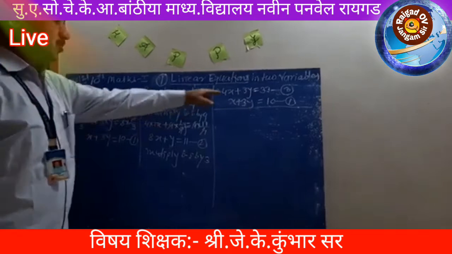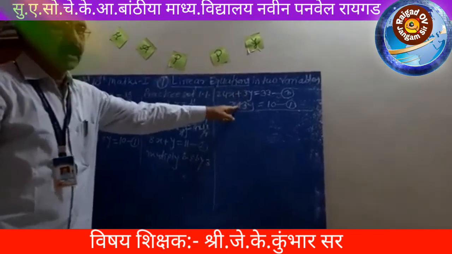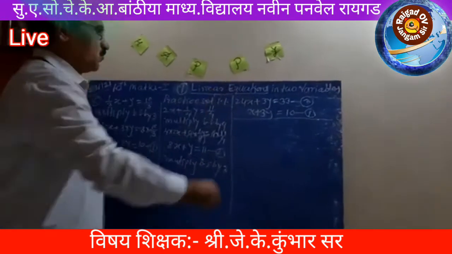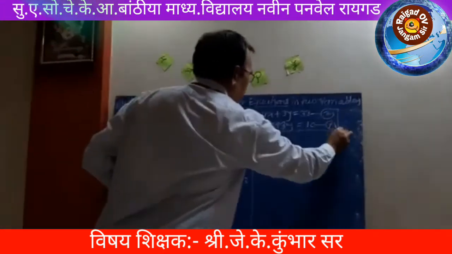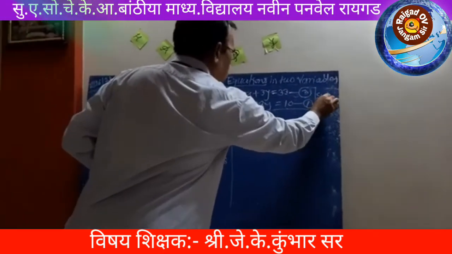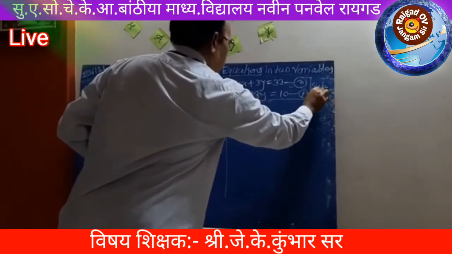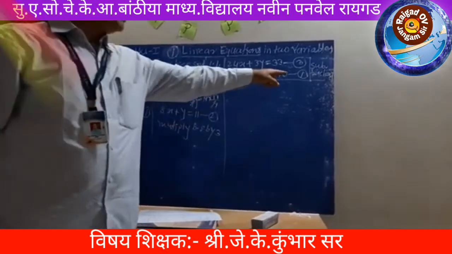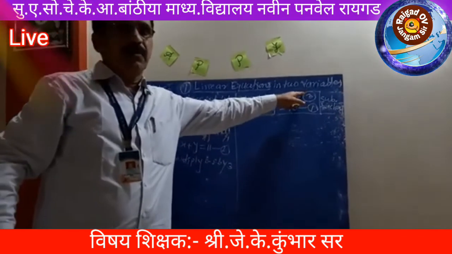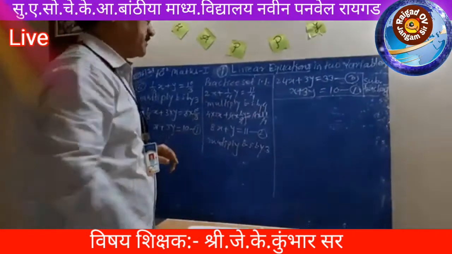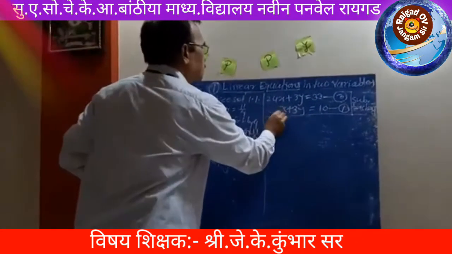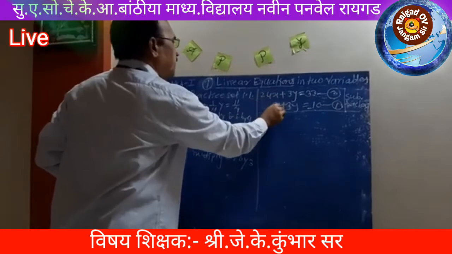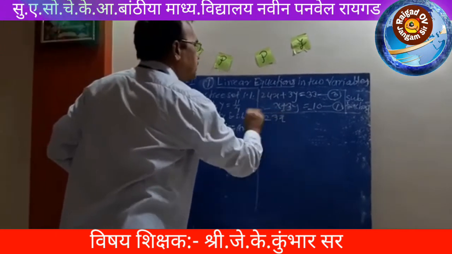Here the coefficient of y is the same and the signs are the same, and we know if signs are the same, then subtract. In short, subtraction. What can we write here? Subtract equation 1 from equation 3. Now change the signs. 24 minus 1 is 23x.